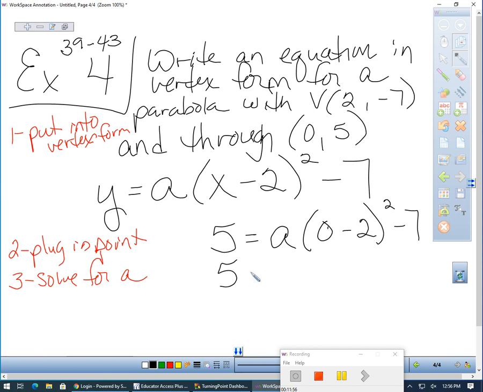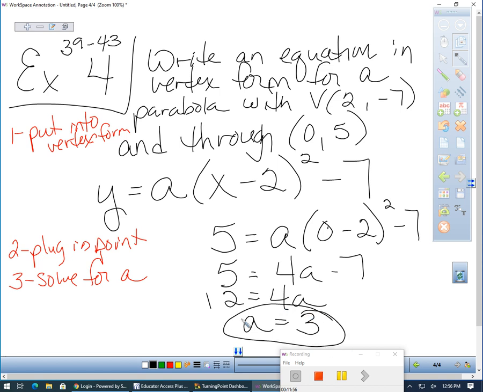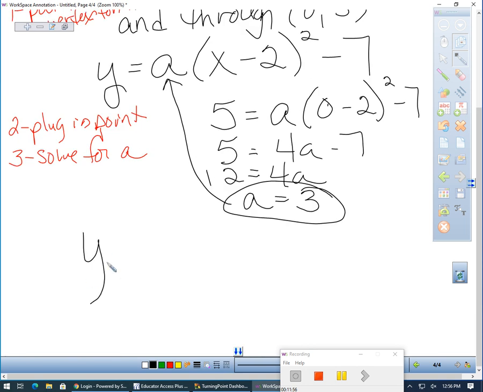So we have 5 equals 4a minus 7. If I'm solving for a, what am I going to do? Add 7. Good. So we have 12 equals 4a. So a equals 3. I agree. We're going to take that 3, go back to our equation, and plug it in. So we have y equals 3, x minus 2 squared minus 7.